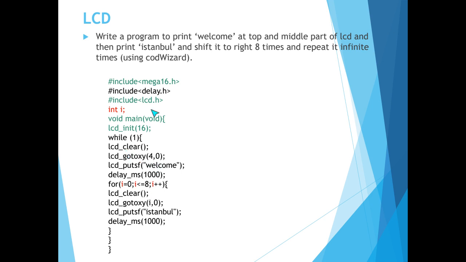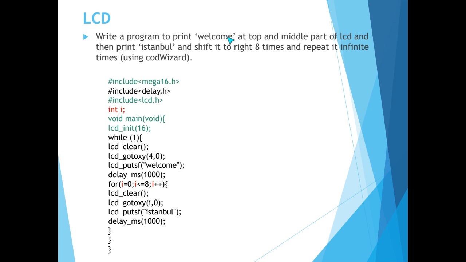Then, as I said, how many letters does "welcome" include? It includes 7 letters. The LCD has 16 columns. 16 minus 7 is 9. 9 over 2 is 4.5.